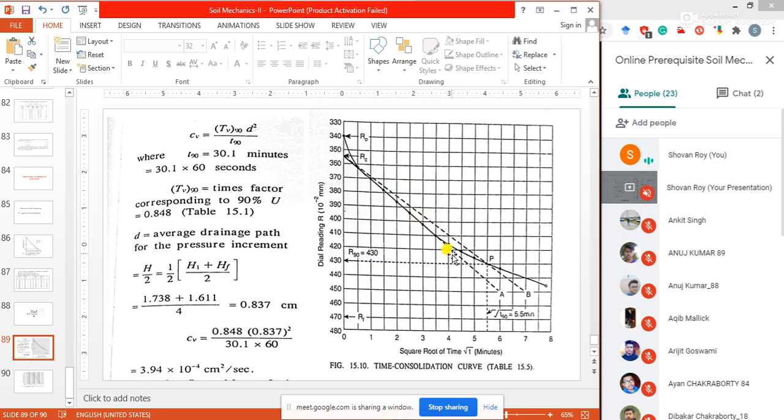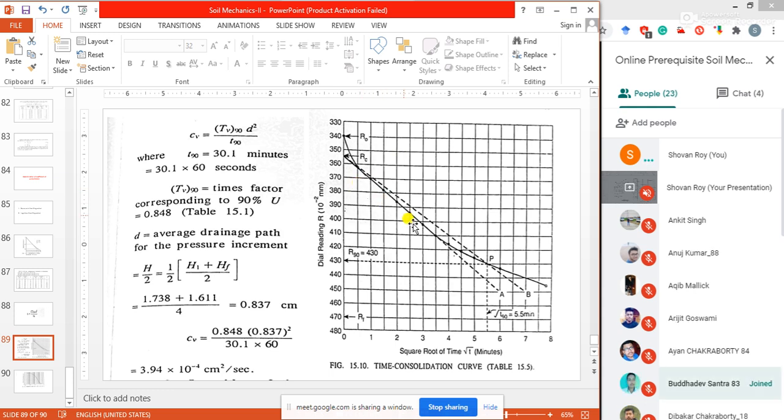So we have extended this tangent line at the tail portion and the starting portion to find the actual corrected reading, because soil is not linear, it behaves non-linearly. Due to this non-linear behavior we have to calculate our correct reading.